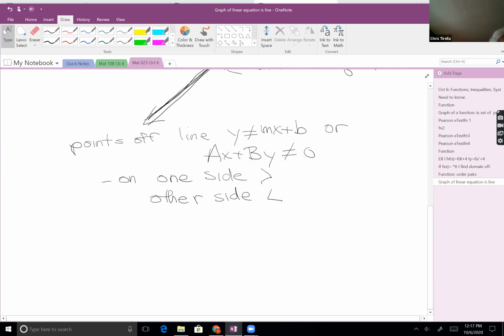The first thing I have to do is determine what type of border that I have.